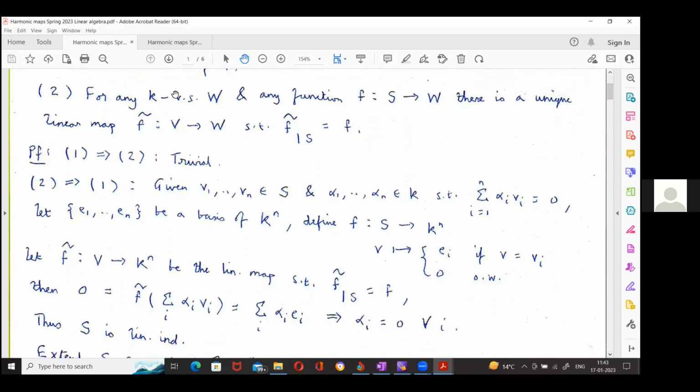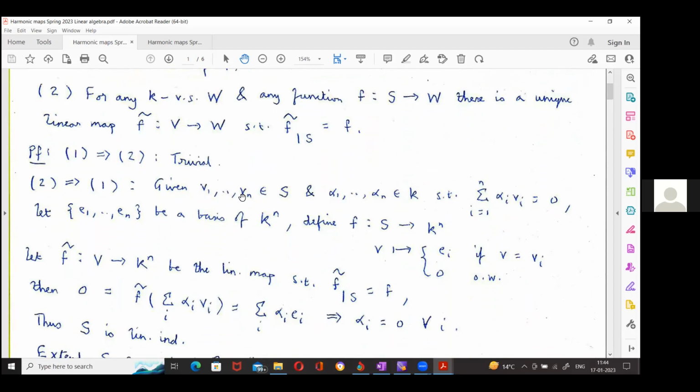One direction is clear. For the second direction, we have to show that if we have this universal property, that any function on the set S extends to a unique linear map, then S is a basis. First we show that it's linearly independent. That is quite simple.